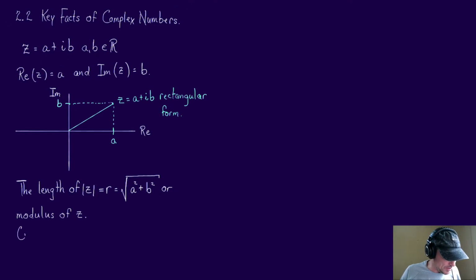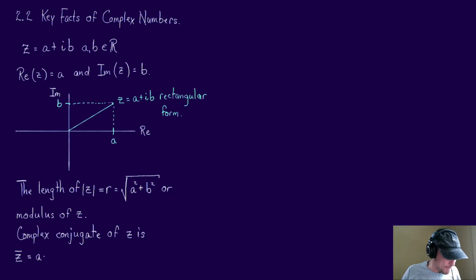So the complex conjugate of z is written as z with a bar over it, and all we do is change the sign on the imaginary component.